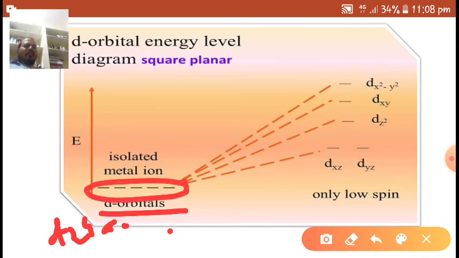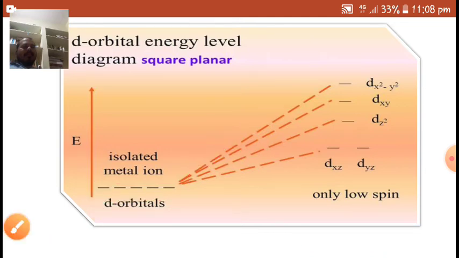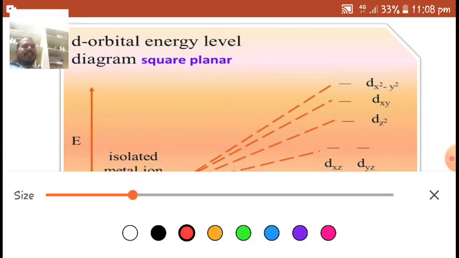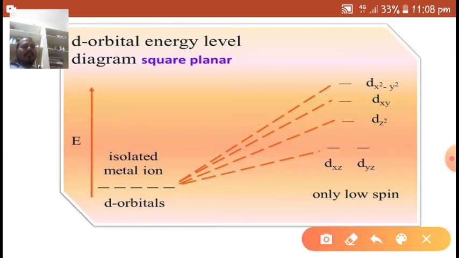What happens? These d orbitals are further split.